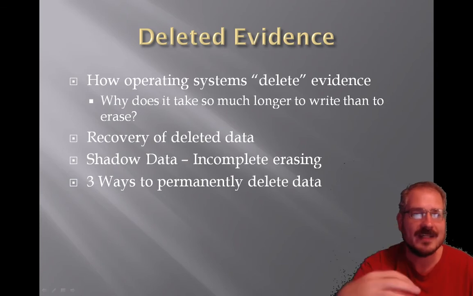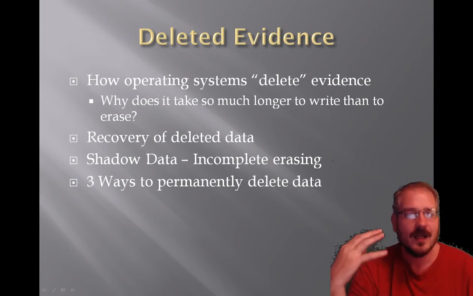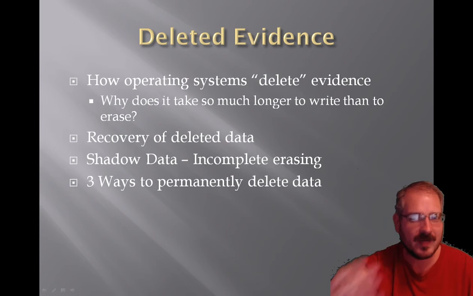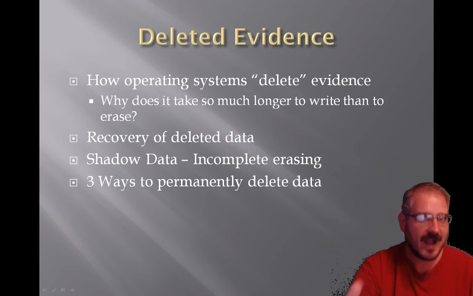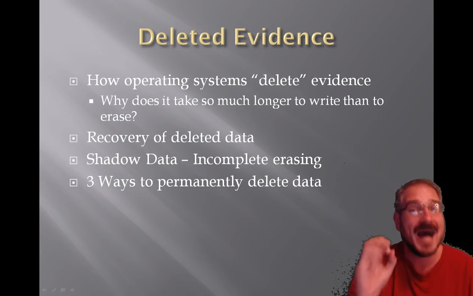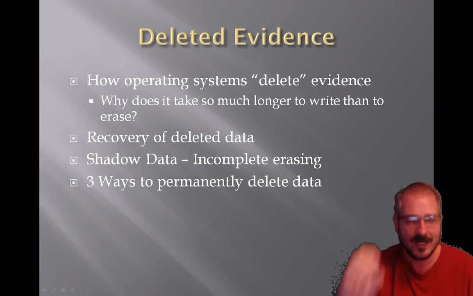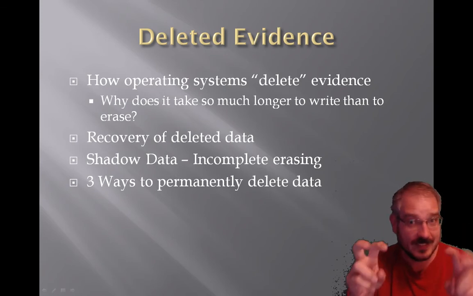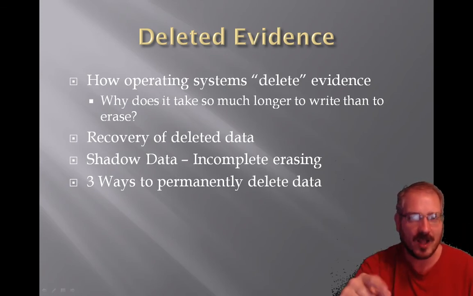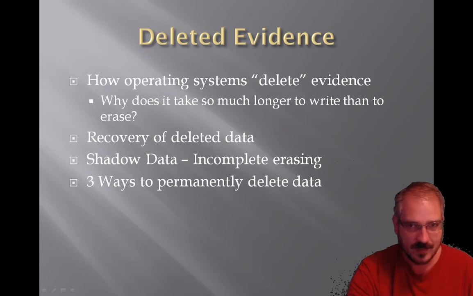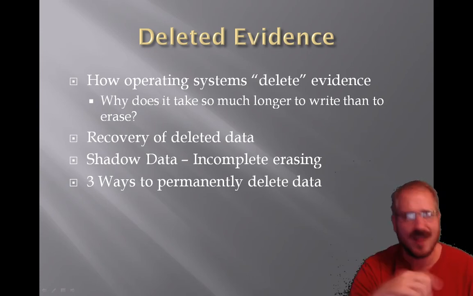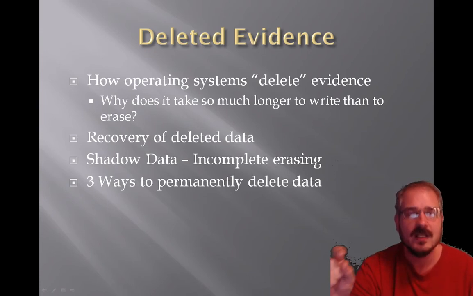It's a very, very difficult process, and it's very rare that somebody would spend the time and energy and money to go in and find that shadow data, but it is possible, which is why the Department of Defense, when it wants to permanently delete data, their wiping process doesn't just do it once. It does it 8 times or 10 times or whatever the new standard is.